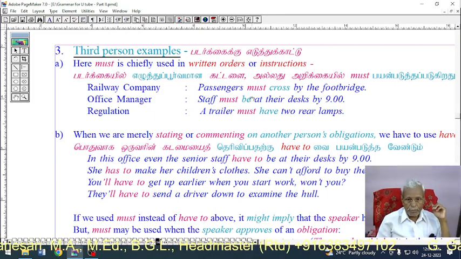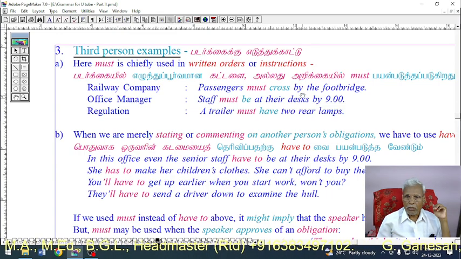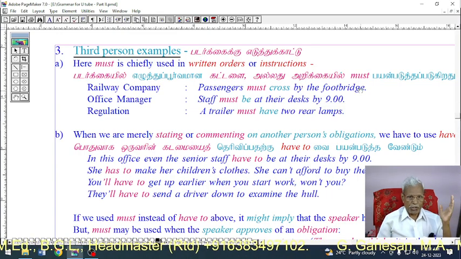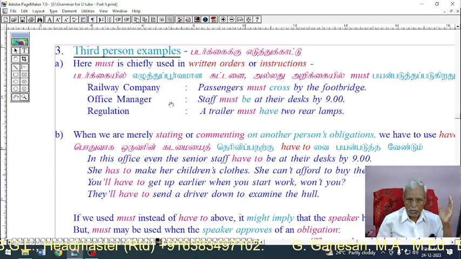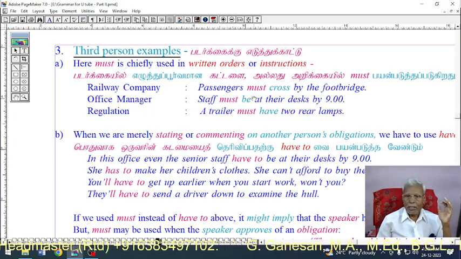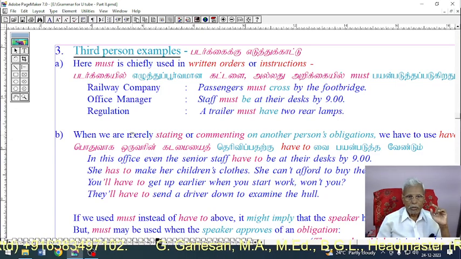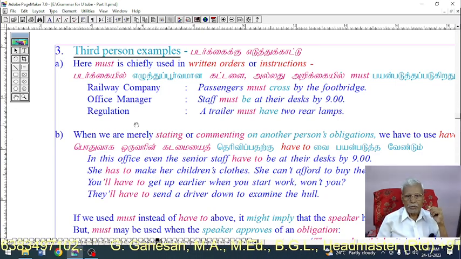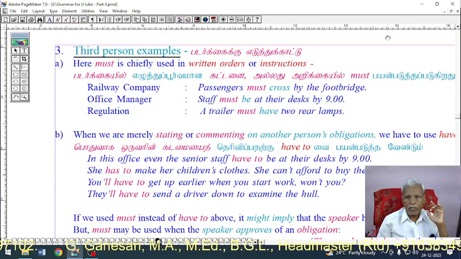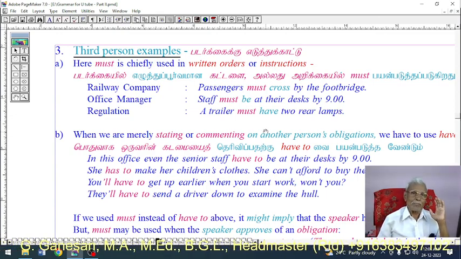A railway company: passengers must cross by the footbridge. Office manager: staff must be at the desks by 9. Regulation board: a trailer must have 2 rear lamps.